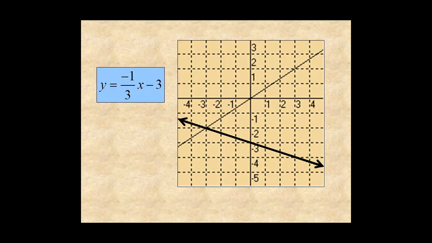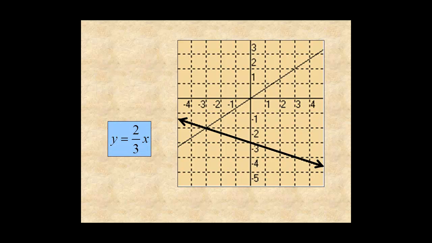For the second equation, the y-intercept is 0. Begin the graph at the origin with a slope of 2/3. That's up 2 and over 3 for a point on the right, and down 2, back 3 for a point on the left. Then draw a line through the points.